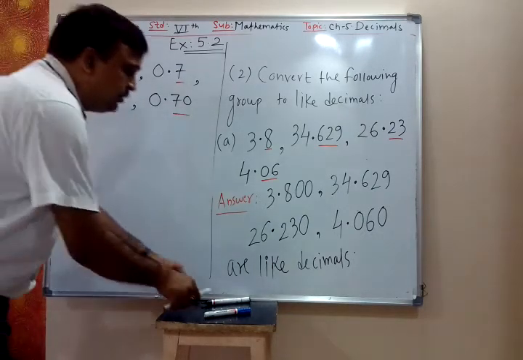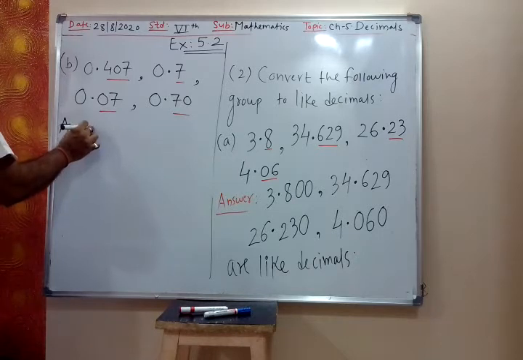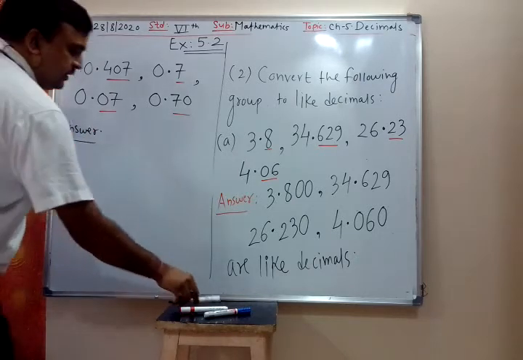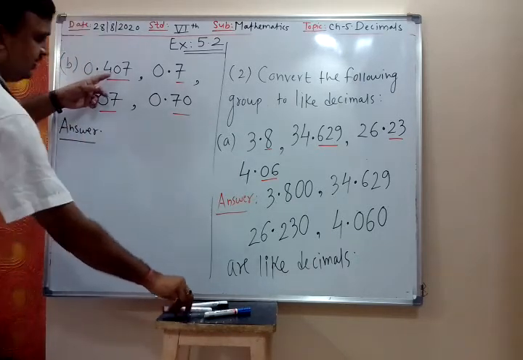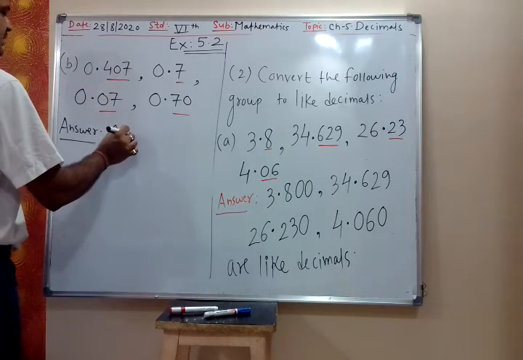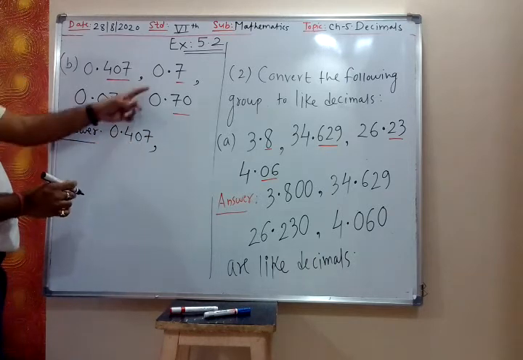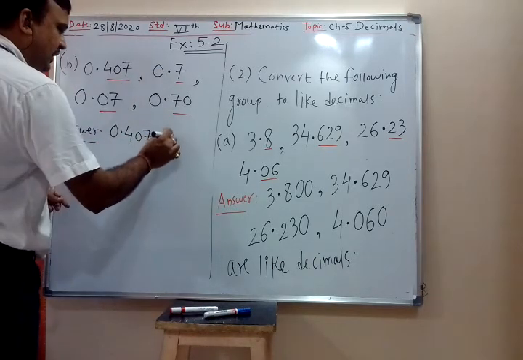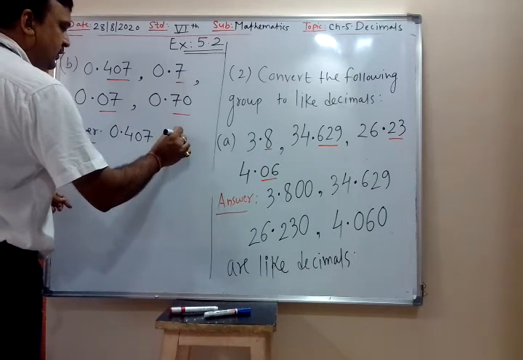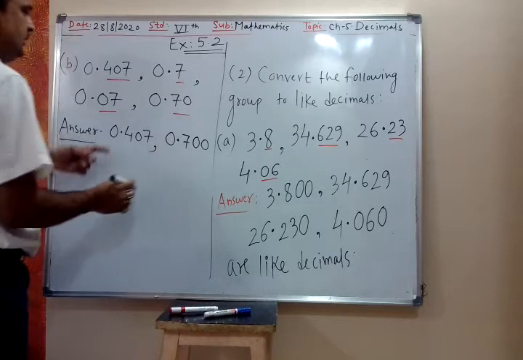To convert them into like decimals, we want the number of digits after the decimal to be the same. The maximum number of digits is 3. So we write 0.407 as it is. This is 3 digits. Then 0.7 has 1 digit, we want 3 digits, so I will add 2 zeros.